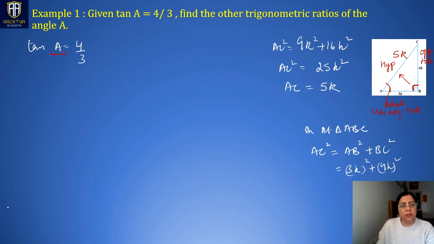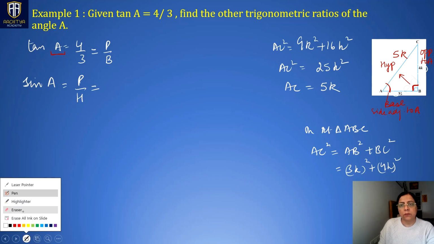Now what happens? We are given the value of tangent of A, that is tan A. What is the definition of tangent of A? It is perpendicular upon base, right? And perpendicular here is 4k and base is 3k. Now we have to find the other trigonometric ratios. We go for sine of A, which is perpendicular upon hypotenuse.